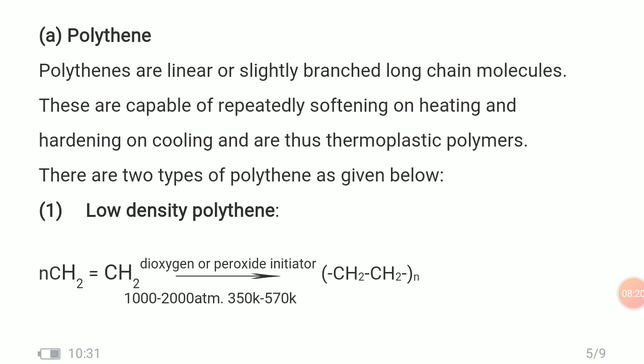Here dioxygen or peroxide initiator acts as a catalyst, and the reaction takes place at 1000 to 2000 atmospheres and 350 to 570 Kelvin temperature, and we get low density polythene.